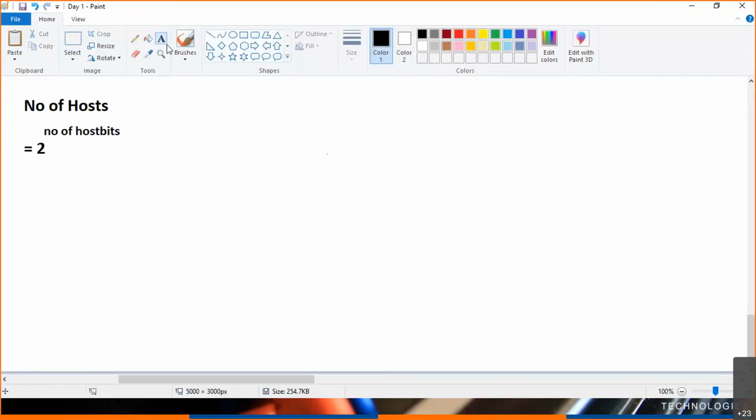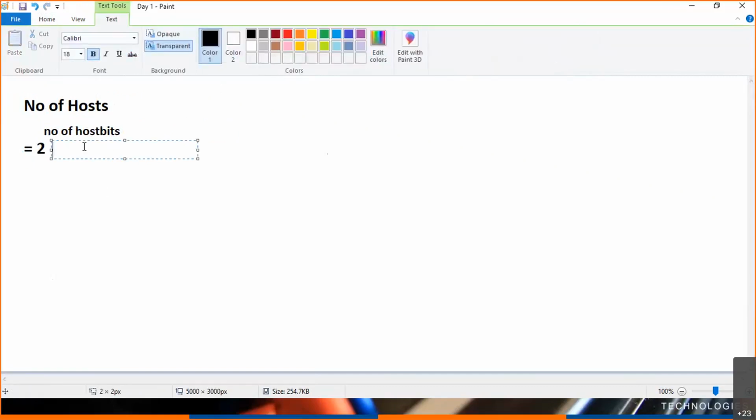Here it is base minus 2, not power minus 2. Base minus 2 means 2 power number of host bits, and after that you do minus 2. I'll tell you that.